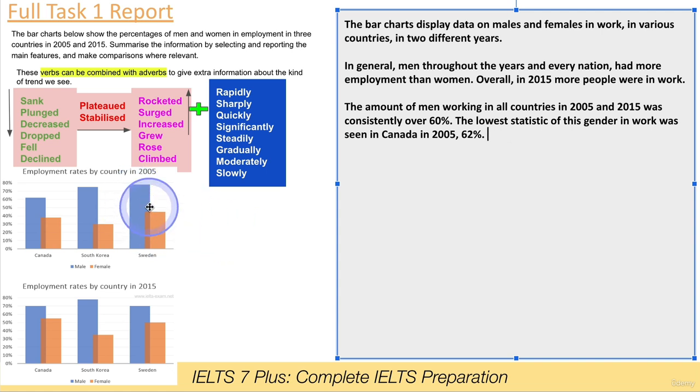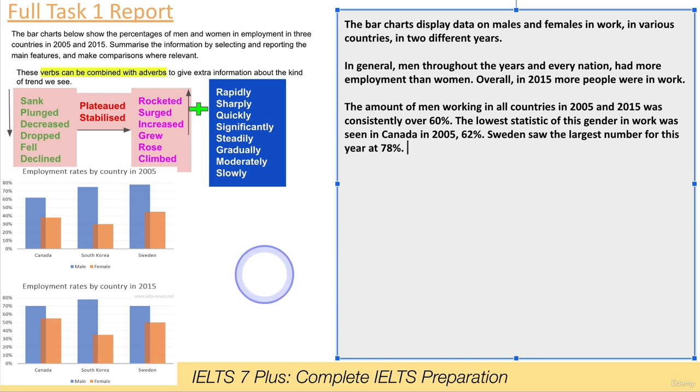So let's just talk about Sweden for the 2005. So Sweden saw the largest number for this year. So we're still talking about 2005. 78%.